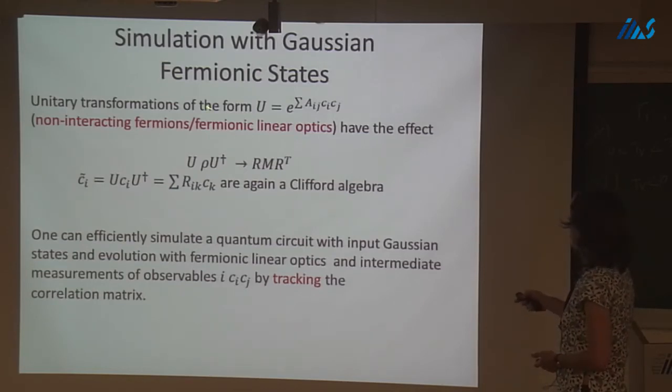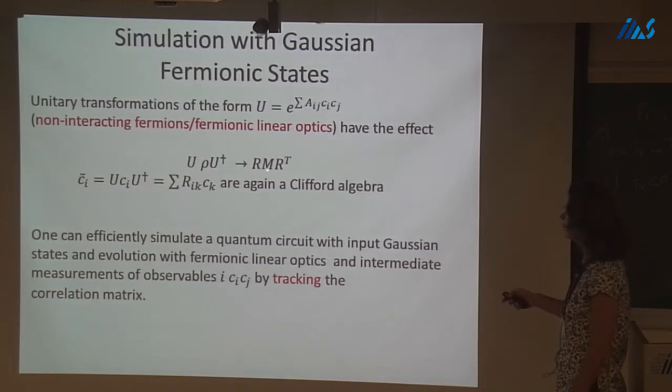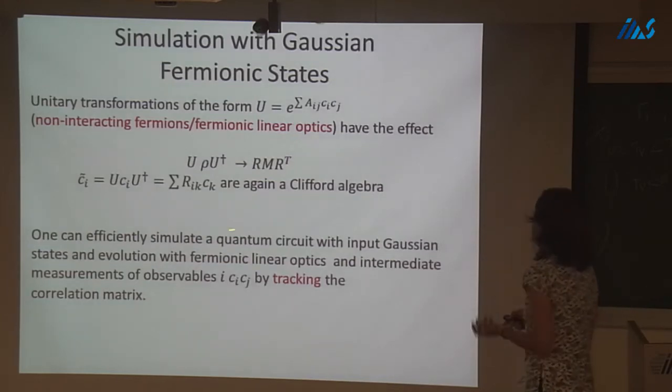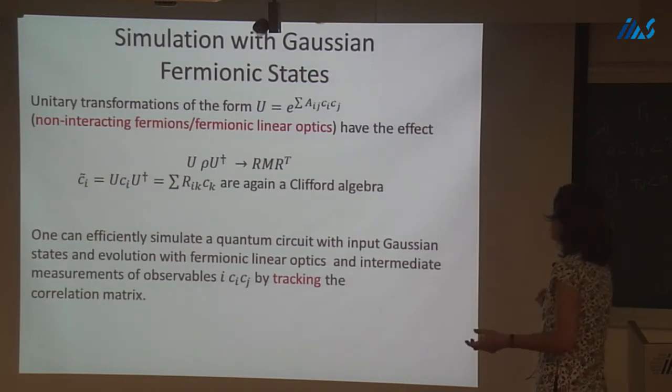The reason you can simulate them is that if you have a density matrix rho and do this unitary transformation, it acts as a real orthogonal transformation on the correlation matrix. So if you have an input fermionic Gaussian state fully characterized by this correlation matrix M, and unitary transformations of this type happen, I can just do these rotations and keep track of the correlation matrix. Also, if these operators are realized by a bunch of anticommutation relations, then they satisfy a Clifford algebra.